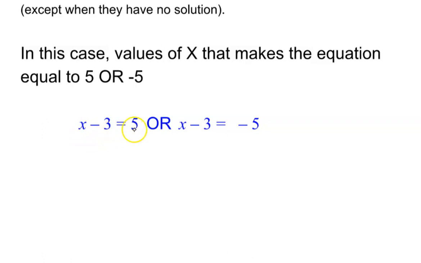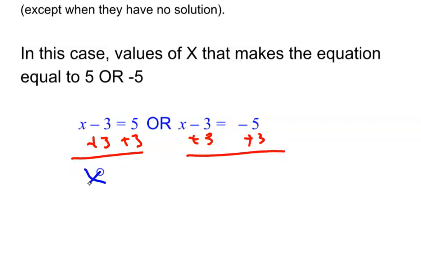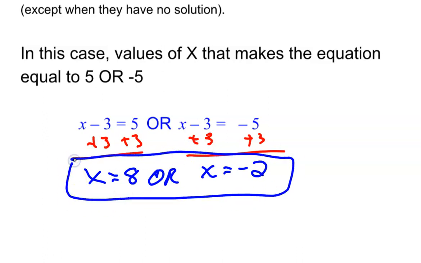Distance was 5 or distance was negative 5. So then to simply solve that, add 3 to both sides. And then we end up with x could be 8, or x could be negative 5 plus 3 is negative 2. Either one of those would meet the requirement. So those are the two solutions for the absolute value of x minus 3 equals 5.